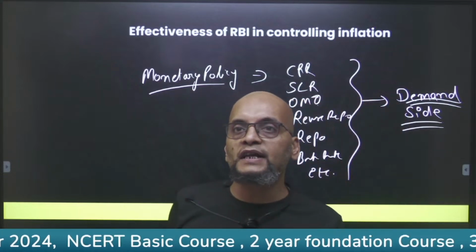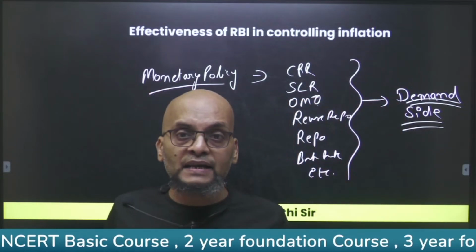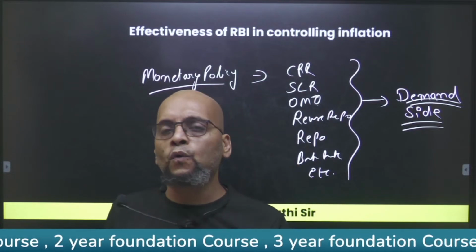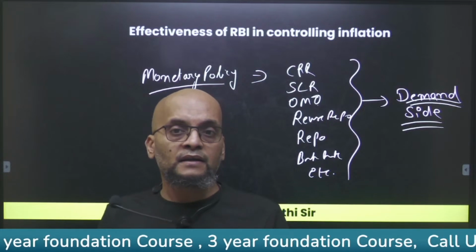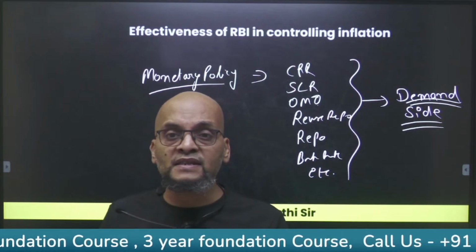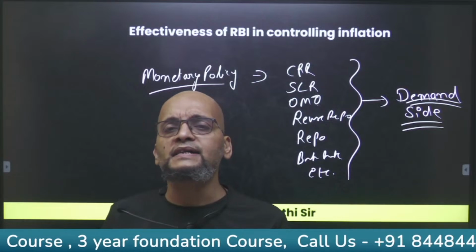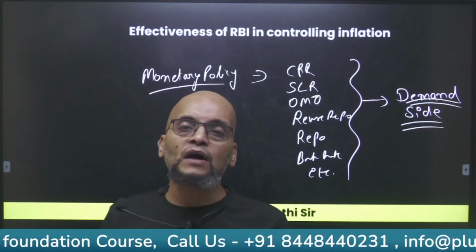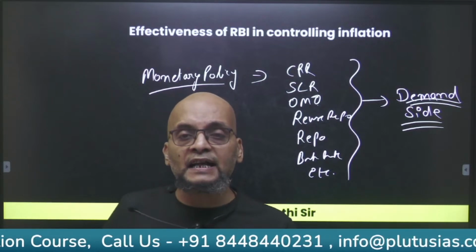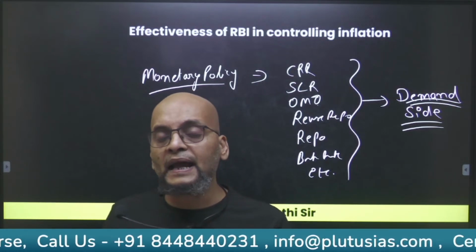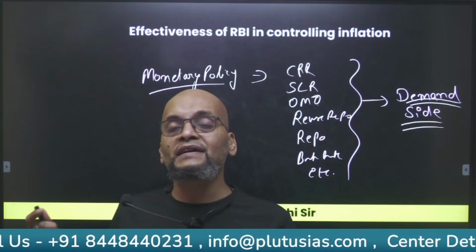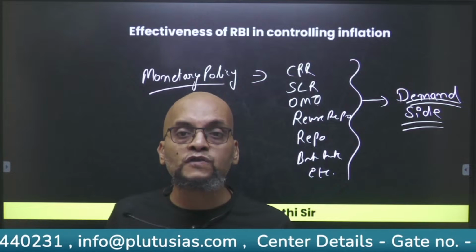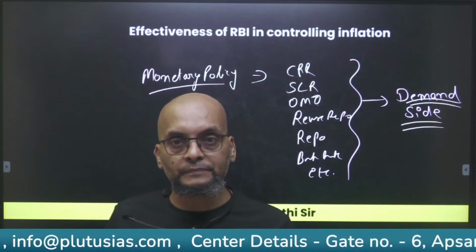RBI has got control over the demand side. RBI can only influence the consumers, but not the supply side. And the problem, as you have seen, is a supply side problem. So how can RBI be effective in solving a supply side problem when the tools at its disposal are of the demand side? Getting my point?